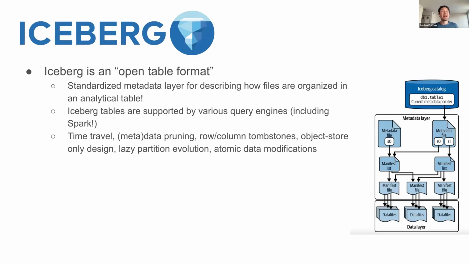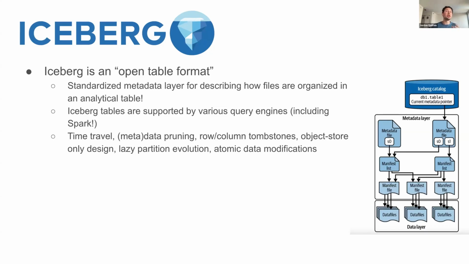So what actually is Iceberg for those of you who are not too familiar with it? Just to give a really quick overview, Iceberg is basically just a standard metadata layer that organizes a bunch of files into a table. Now, it's evolved since then to add a few different new features. For example, things like row and column tombstones. Column tombstones are coming soon. You can do efficient metadata pruning without actually having to read particular Parquet row groups.